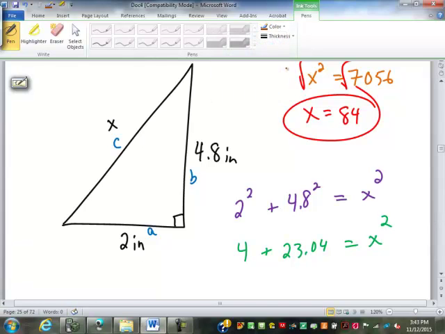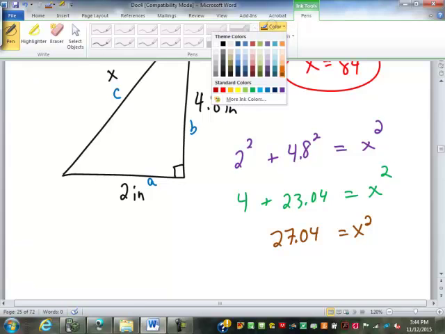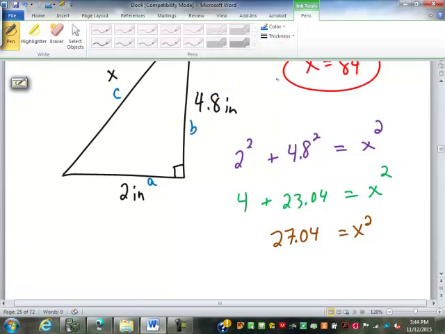So now we're going to go ahead and add 4 and 23.04 is 27.04 equals x squared. And then square root, which will give us what? 5.2 equals x. These are in inches, so this is in inches.